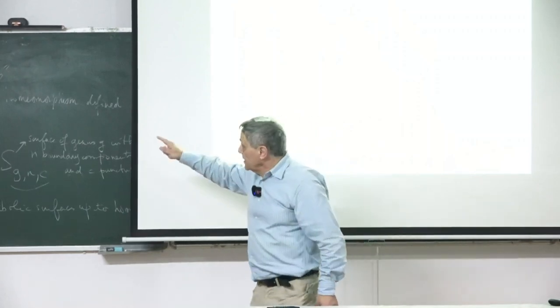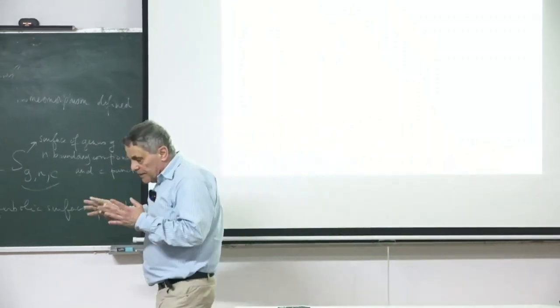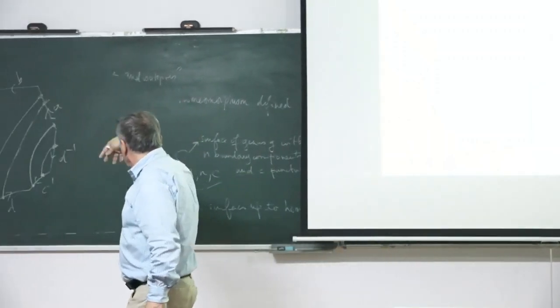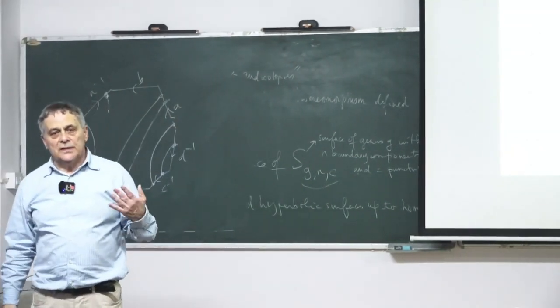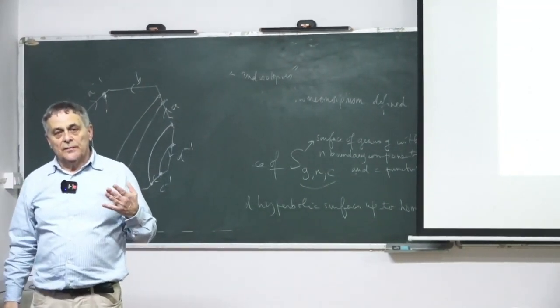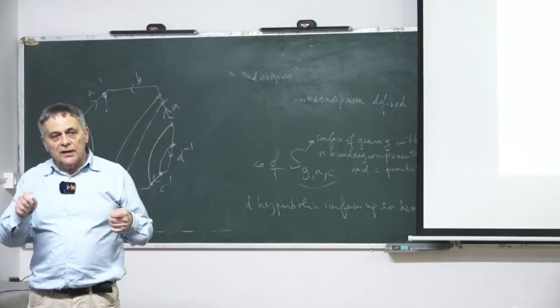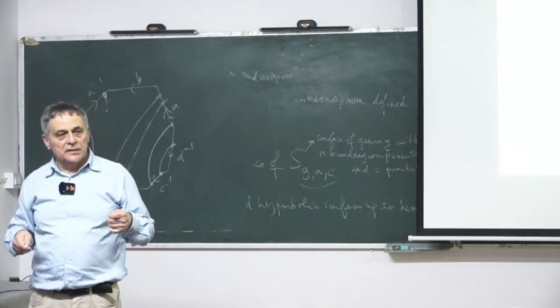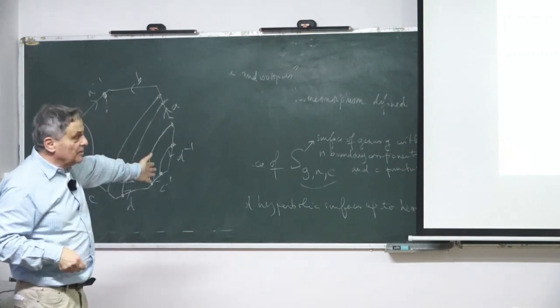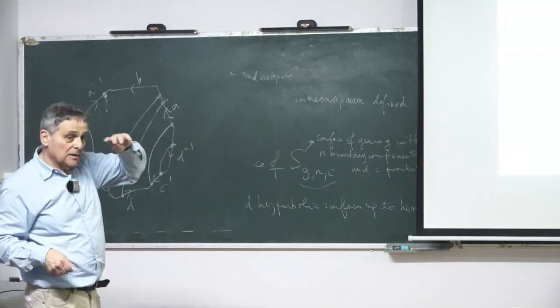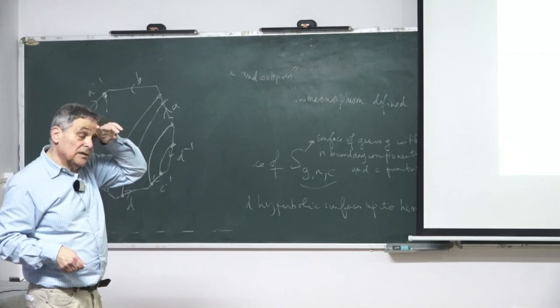And it uses the fact, some way or another, you must use the fact which I raised, which tells you that your curve is homotopic to a point if and only if it is the boundary of a disk on the surface. And here I cannot see yet whether the resulting curve is the boundary of a disk on my surface. Okay?